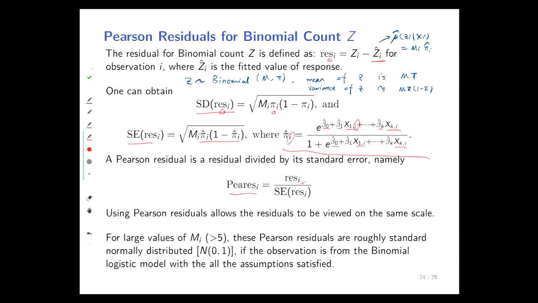Something similar to before, but we give it another name, which is called the Pearson residual. Because the denominator is the standard error, we can look at those residuals on the same scale. We also have a similar conclusion: if we have a large value of m_i, usually m larger than 5, then these residuals are roughly standard normal distributed.